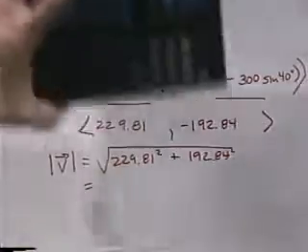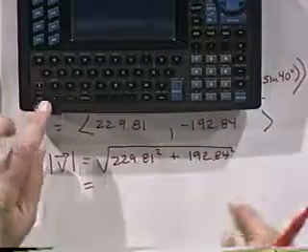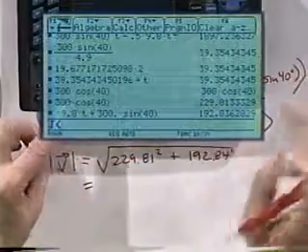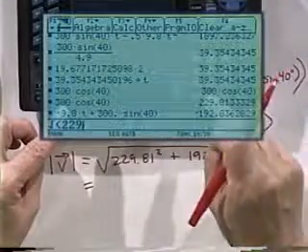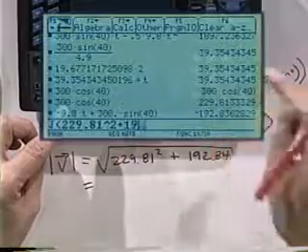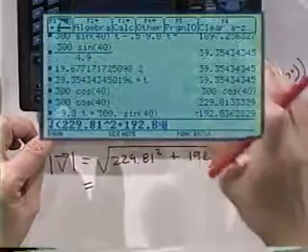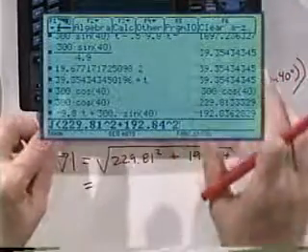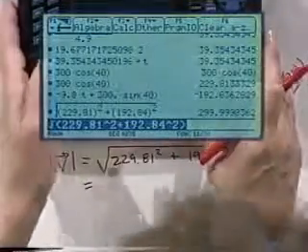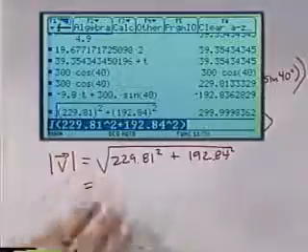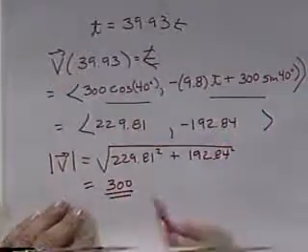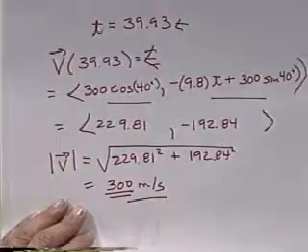And popping that into the calculator, I'm going to go square root of parentheses 229.81 squared plus 192.84 squared, close parentheses, enter. And it looks like I got 299.99. Let's round that off to 300. And that will be meters per second.